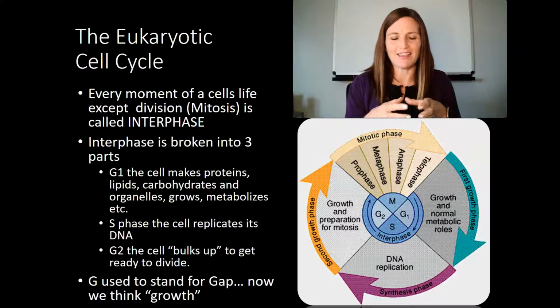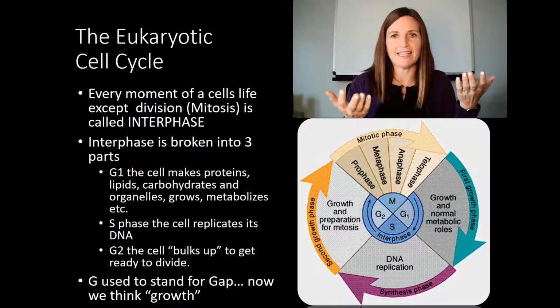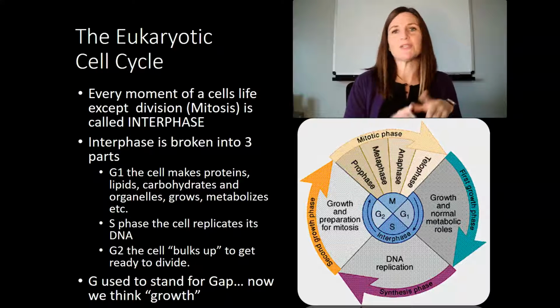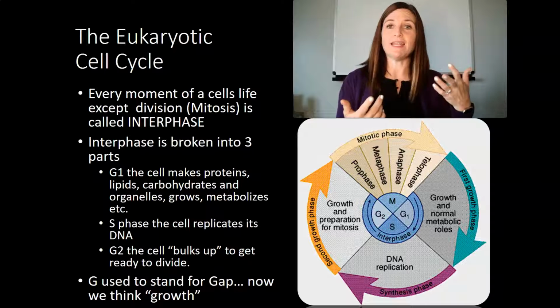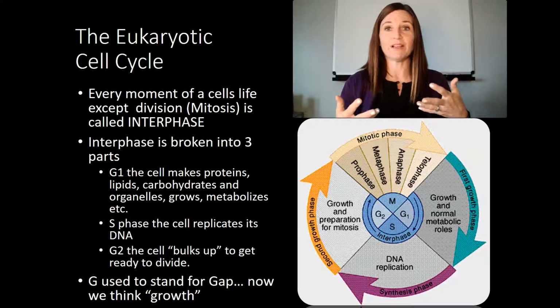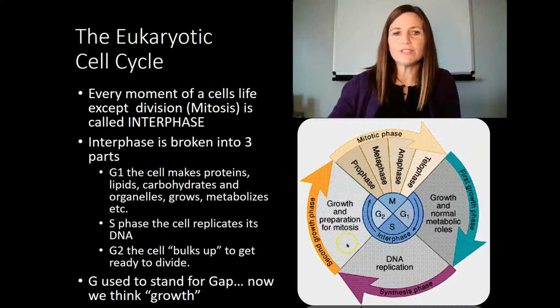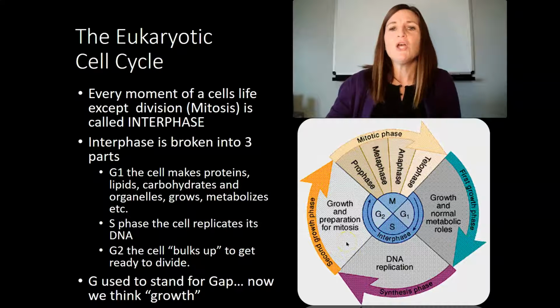The cell just looks like a cytoplasm and a nucleus, and that's it. Very, very boring. And so M is the phase where we can see what's happening, and so M is the phase that we study most dynamically. But the cell is actually in interphase for most of its life. So right now we're going to talk about the different phases of interphase.